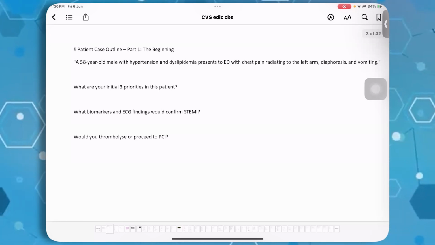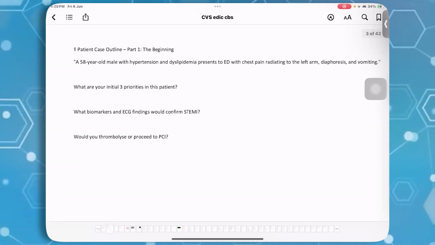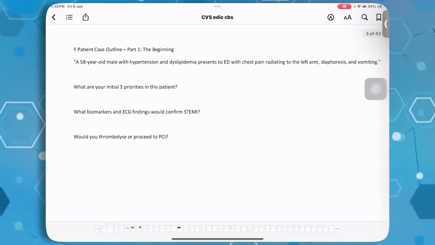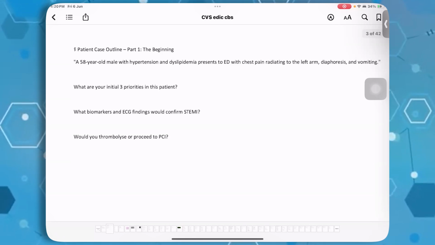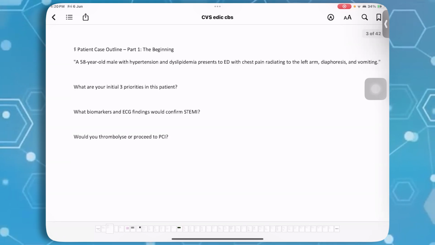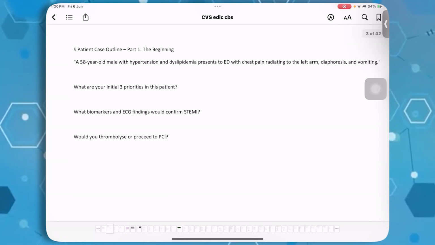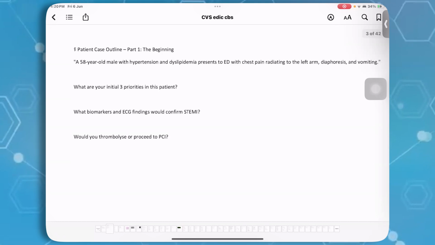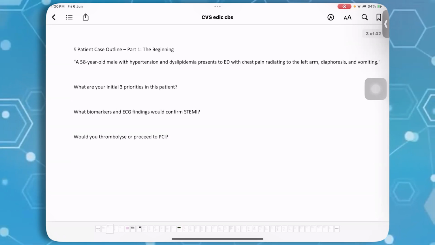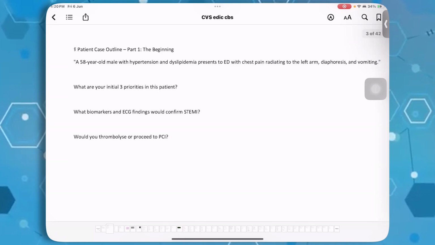Number 2, if you are suspecting an MI, what biomarkers are you going to order, and what ECG findings do you expect to confirm a STEMI? The third thing I would like to know is what would you do if this patient has a STEMI? Would you thrombolyse or would you proceed to PCI?